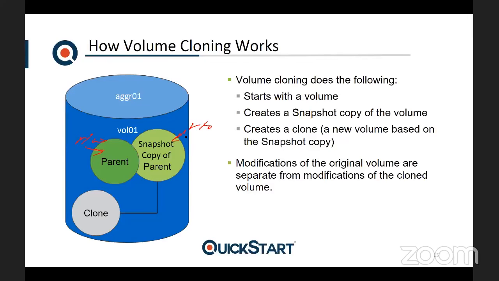But a flex clone is me basically taking that snapshot and creating yet another copy of the pointers. So just like the snapshots are created very quickly because I'm not having to copy any data, I'm simply copying over pointers. And so by copying the pointers, I get my clone. And my clone is read-writable here.